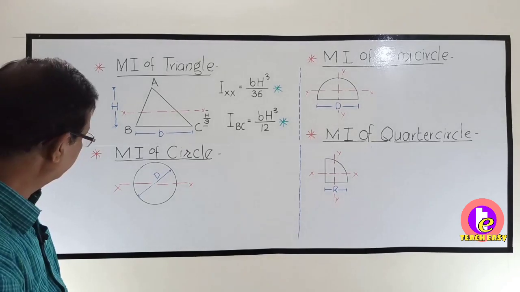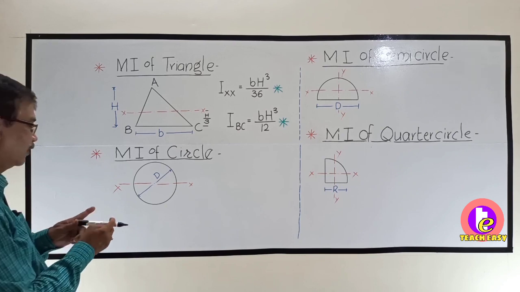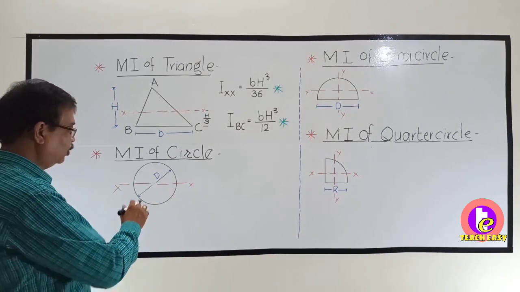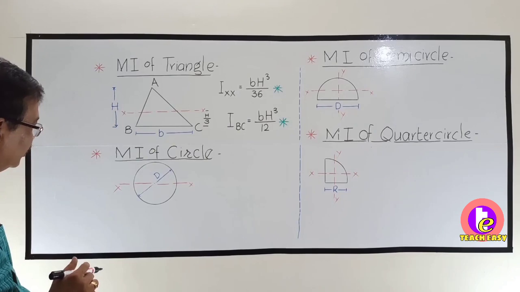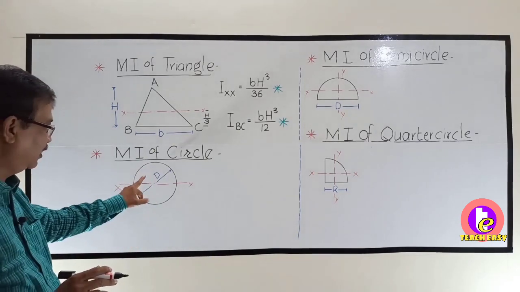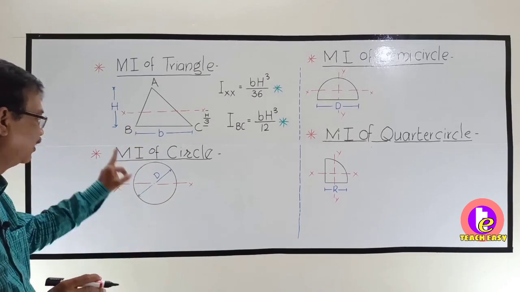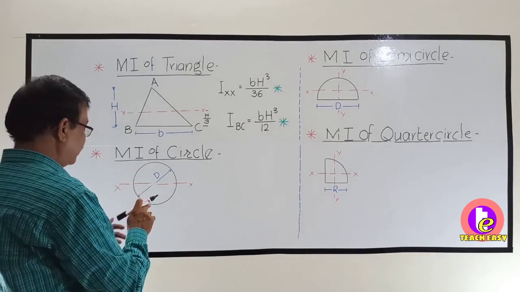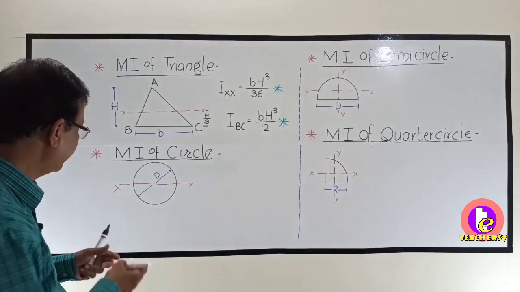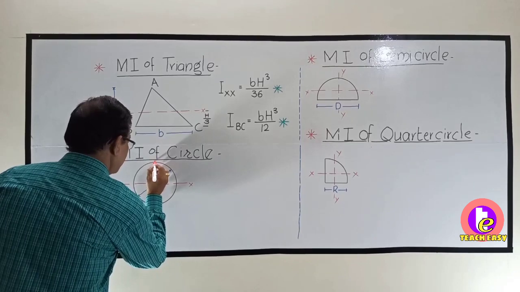The moment of inertia of circle about horizontal centroidal axis or vertical centroidal axis or any diameter, all these are same, because circle is symmetrical about x-x axis, about y-y axis, as well as it is symmetrical about any diameter. So what is y-y axis? This is its y-y axis.